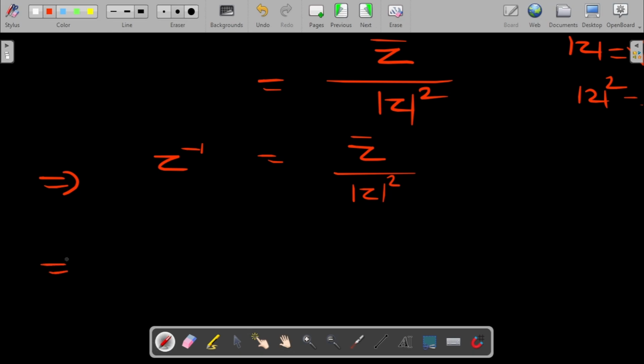So what do we get? That is, modulus of z square equals z multiplied with z bar. Furthermore, the following results can be written.